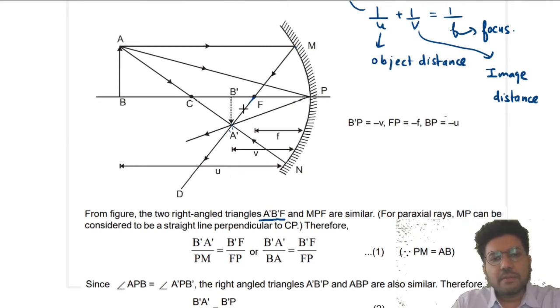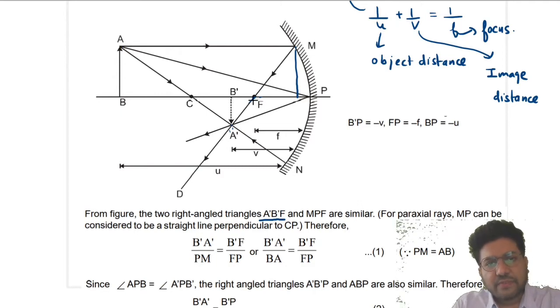That means B dash A dash divided by MP, but MP can also be written as AB, because this forms a parallelogram. So B dash A dash divided by BA is equal to B dash F divided by FP. This is the first relation.